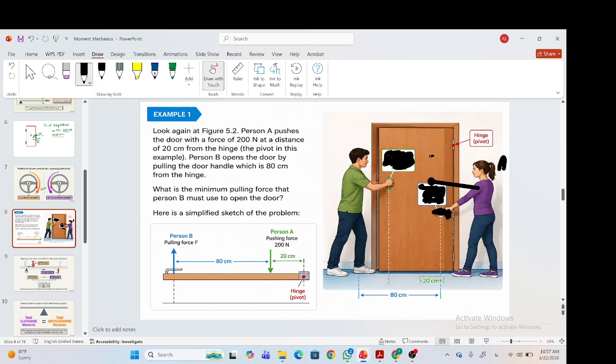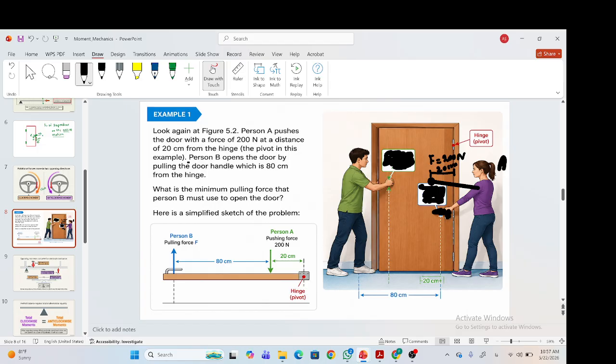The force will be 200 newtons, and the distance from the pivot to the point where it is acting will be 20 centimeters. Now come to the second person.